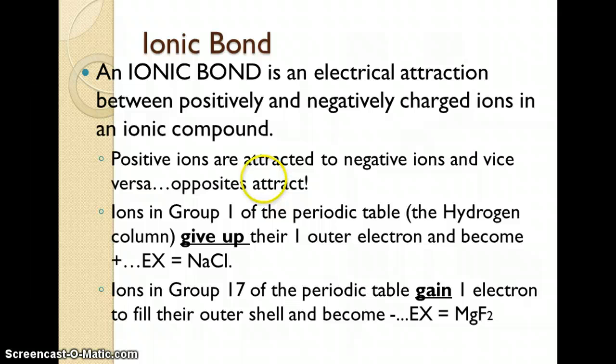We'll go over more later, but ions in group 1 of the periodic table, which is the hydrogen column up and down, give up their outer electron and become positive. Then the ions in group 17 gain 1 electron to fill their outer shell and become negative. I have 2 examples here: one is salt and one is magnesium fluoride.